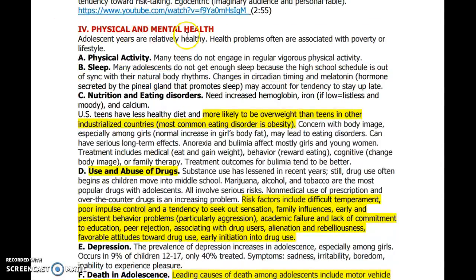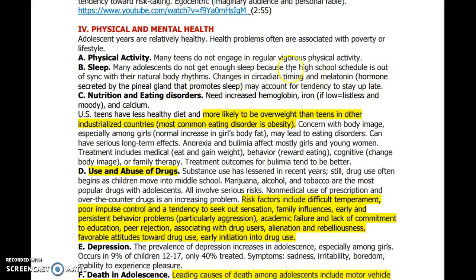Let's look at physical and mental health. All right, so some changes are going to occur with sleep. Many teens are not getting enough sleep because of the demands of high school and their social lives. And what we're seeing is that modern high school schedules tend to be out of sync with teens' natural body rhythms. So teens experience changes in their circadian timing and with their melatonin, which is the hormone that's secreted that promotes sleep.